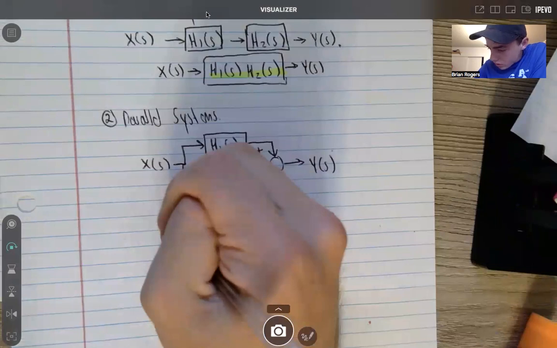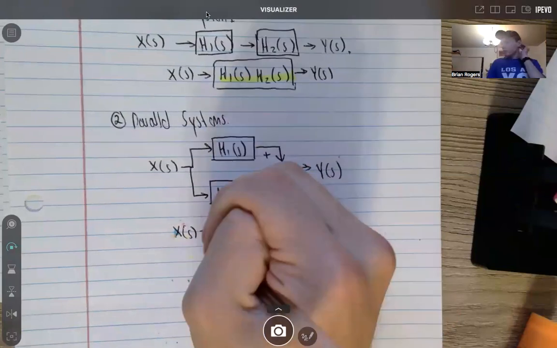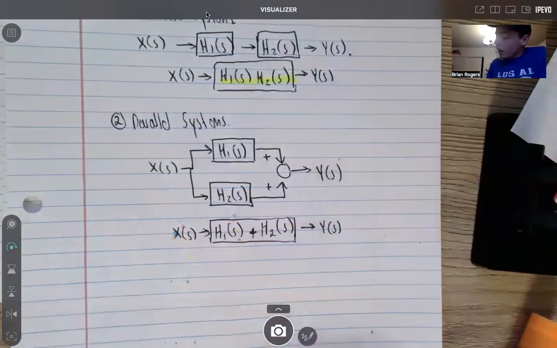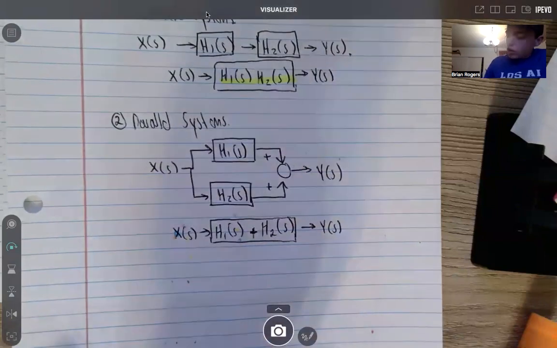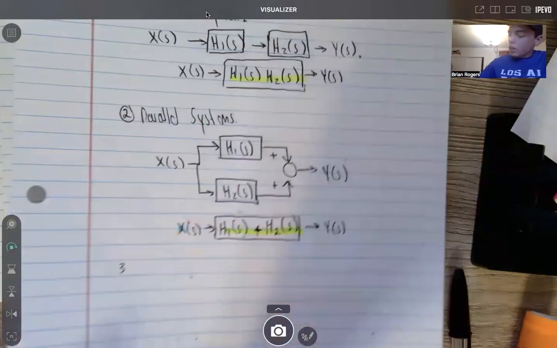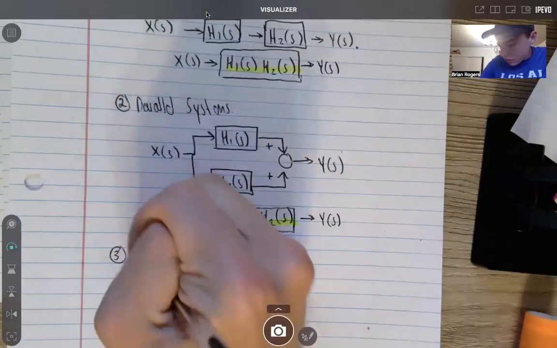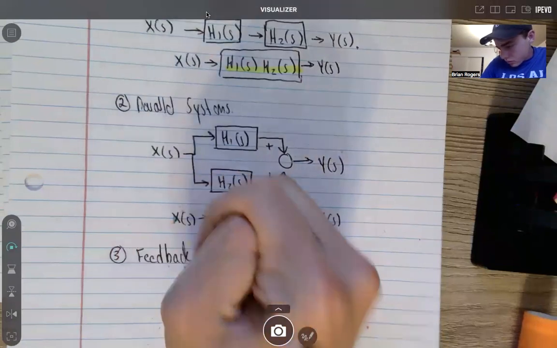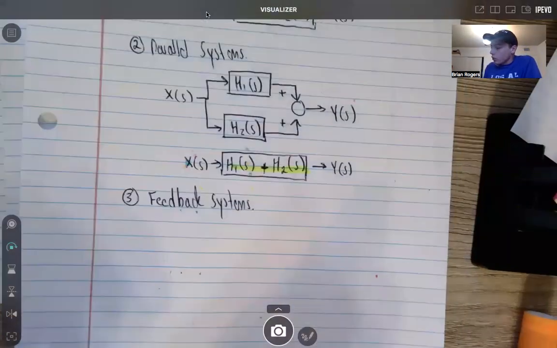Okay, now that we have that, we need feedback systems. So feedback, what we're going to notice, what is it going to give us? In parallel, you add them together. Feedback, on the other hand, is going to cause, basically, you'll notice the transfer function has a denominator in it, which is a little different than the other ones we're used to working with.